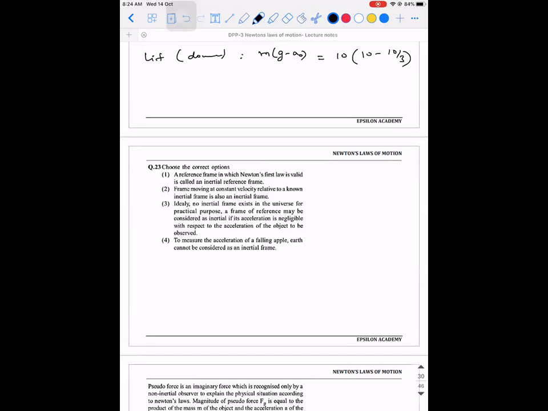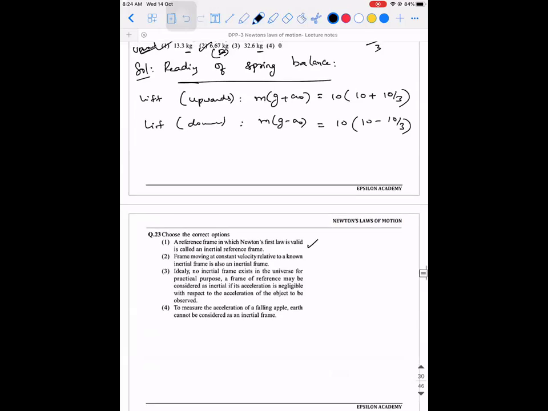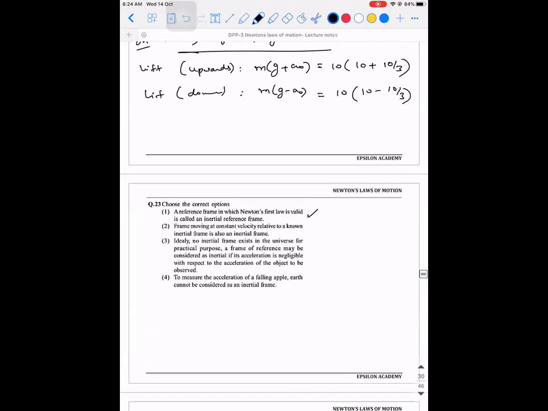A reference frame in which Newton's first law is valid is called inertial reference frame. Accepted? Yes, sir. I told you, no, inertial frame, Newton's laws are applicable. Second, frame moving with a constant velocity relative to known inertial frame is also an inertial frame. Yes, sir.